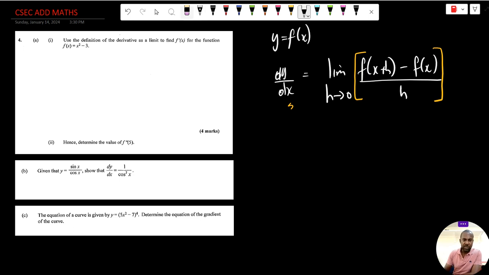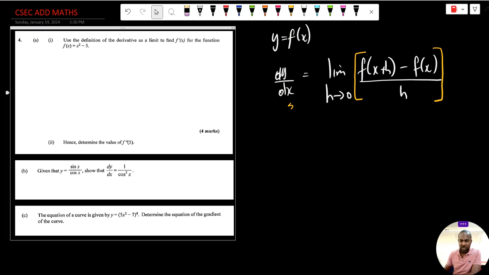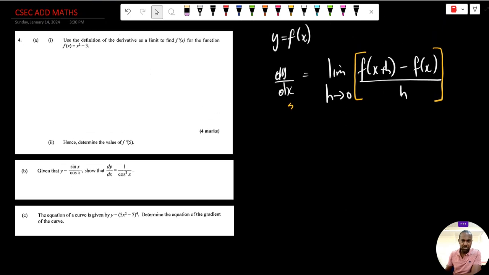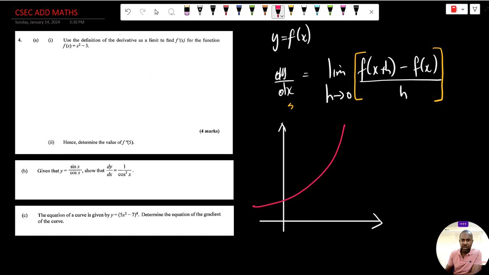Now, let's try to explain this further with an illustration. Let me represent this graphically. Suppose we have a curve, and let this be our curve y equals f of x.